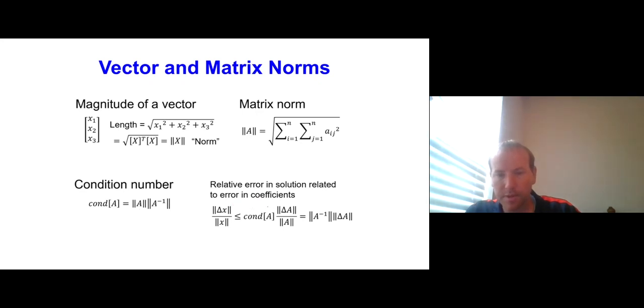If the condition number is really high, that leads to a large amount of error in our solution. So we have to know how to look for this condition number and understand what it does.